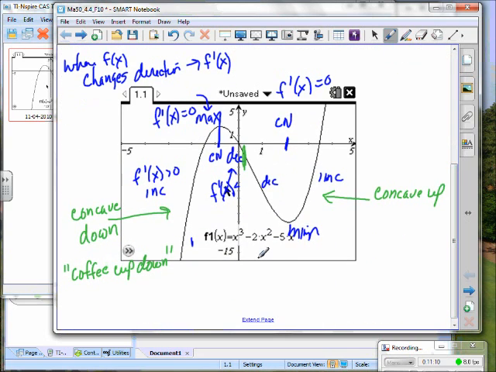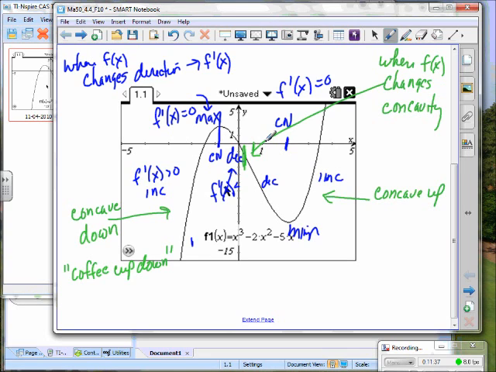At some point in here, we have a change of concavity. Now, this is what we're talking about in section 4.4. This is where the function changes concavity. We'd like to know, what is that point? What is that point where the function stops being coffee cup down, starts being coffee cup up?